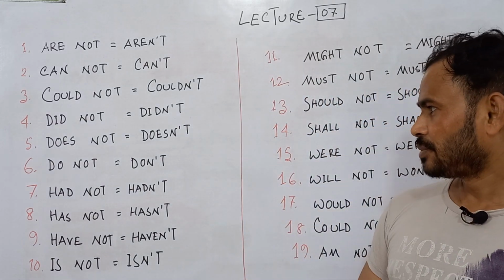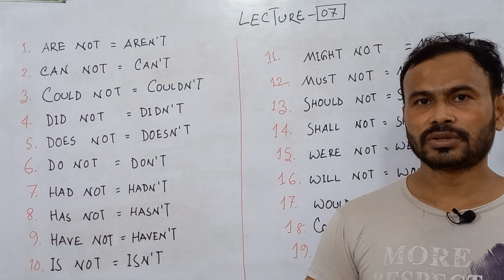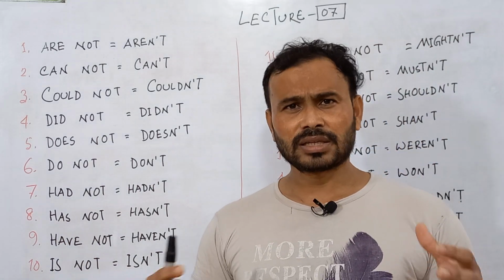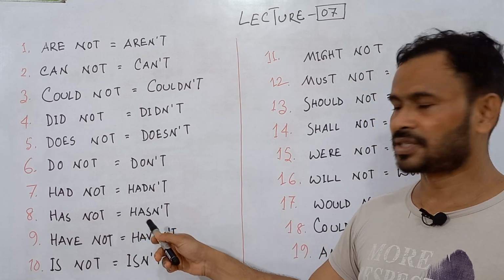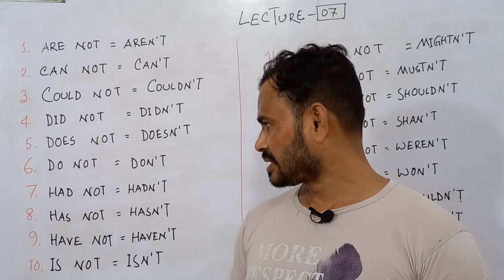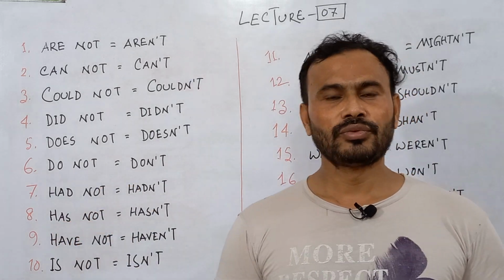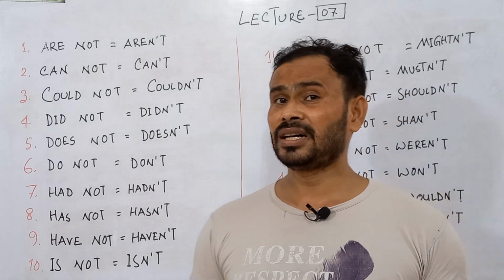So friends, my next phrase is has not, and the contracted form of has not is hasn't. One sentence for has not is, he has not worked hard.